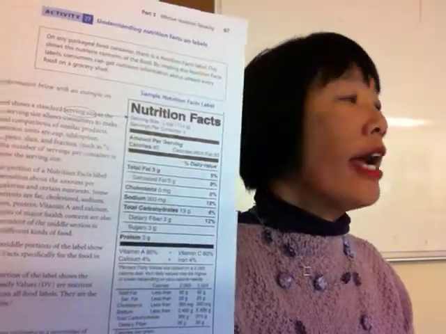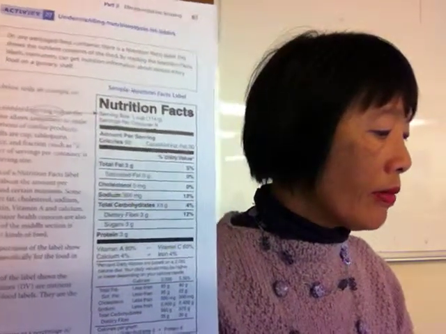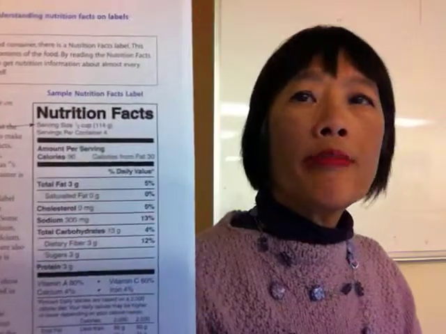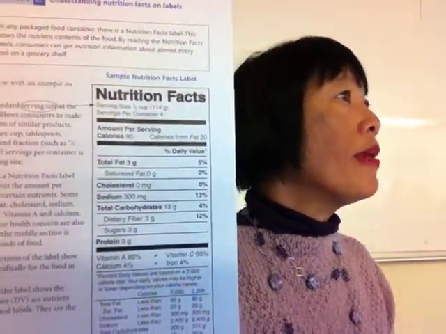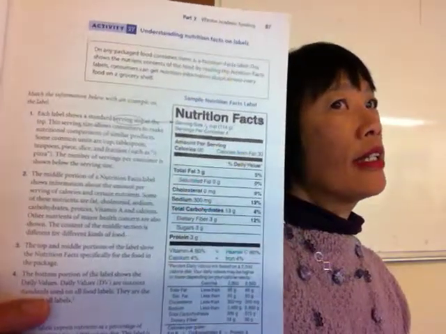And consider, how much of your daily intake is that according to this table? 2,000. It's 13%. 15%. Right. So if in one serving of this food, you're getting 13% of the sodium that you should have in a day, that's a lot. Okay?